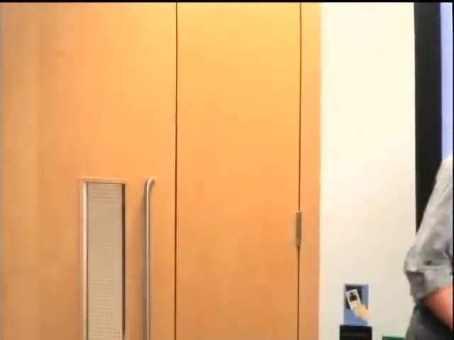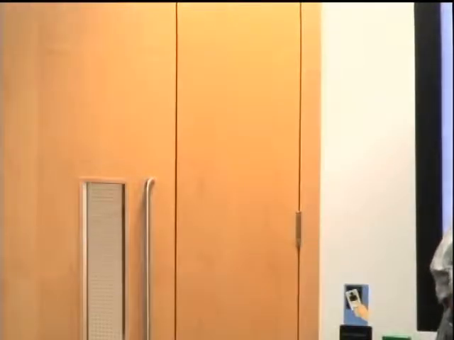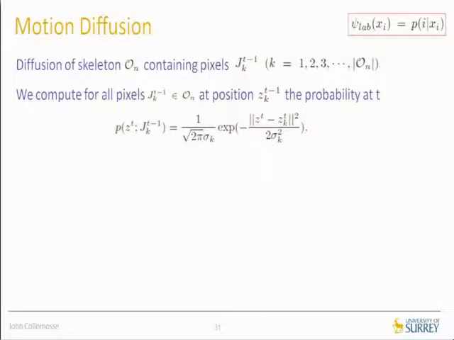So what we do instead is we diffuse forward those labels so that each pixel now has a probability distribution over which label it may obtain. In more detail, this is our skeleton for a single region, and it contains these pixels at the previous time step, and we're labeling those pixels 1 to the number of pixels in the skeleton.